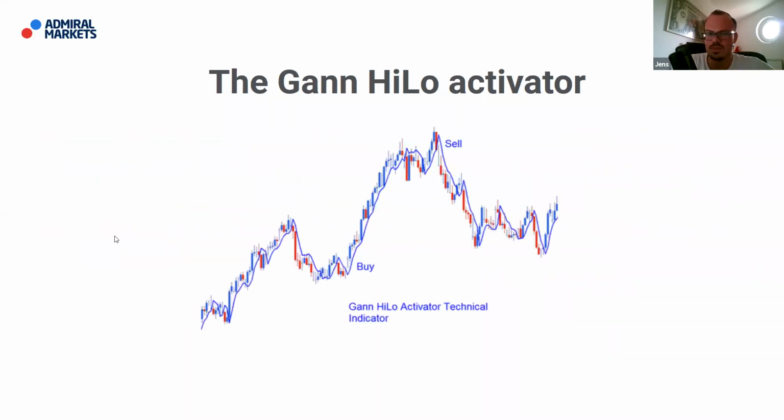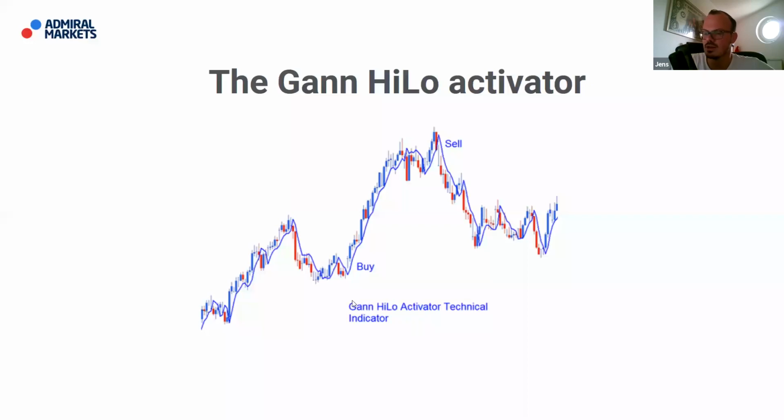So here, this is the chart, which is perfectly illustrating the Gann HiLo activator. To some extent it really looks like a moving average, but the way you calculate it is completely different from a moving average calculation, where, in the case of a simple moving average, you just add up each closing price and then divide it by the number of prices you added up to get, let's say, an SMA 50 or something like that.